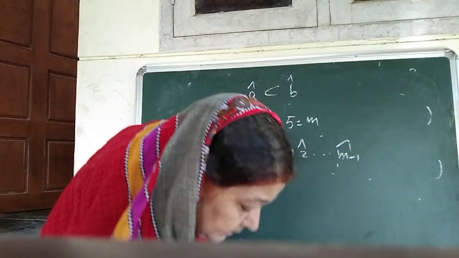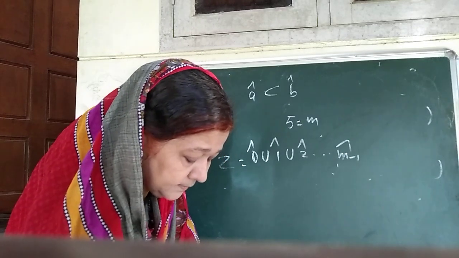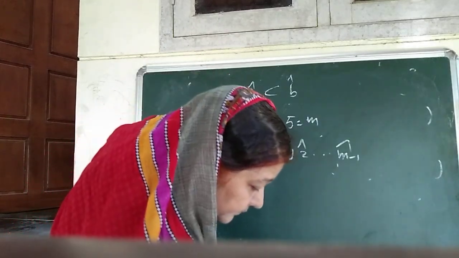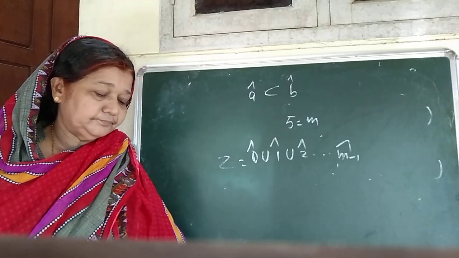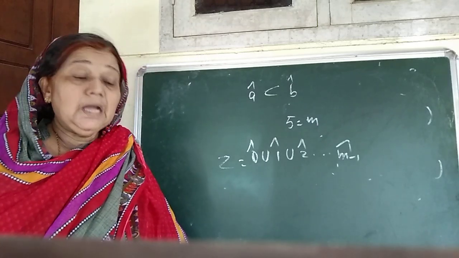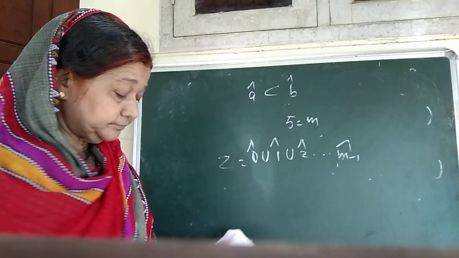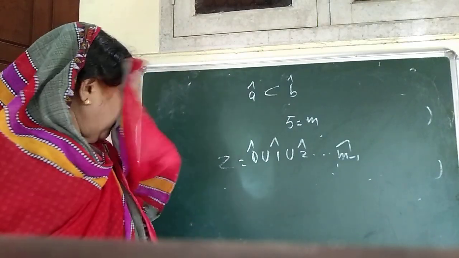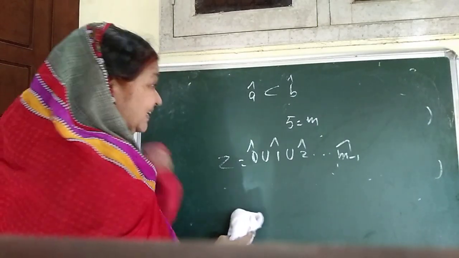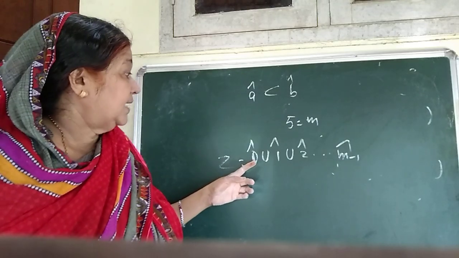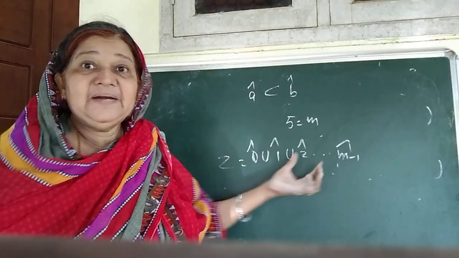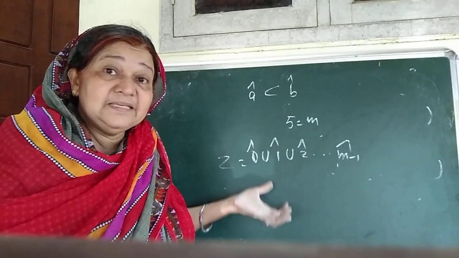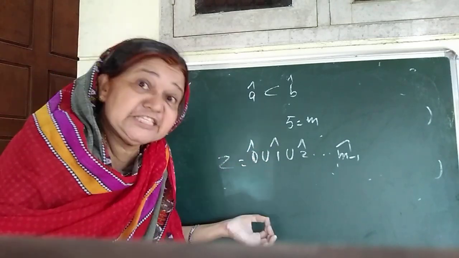Then we can define the complete residue system. Z has M residue classes, but we can take a representative from each class.